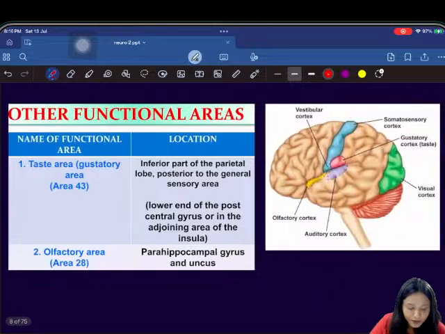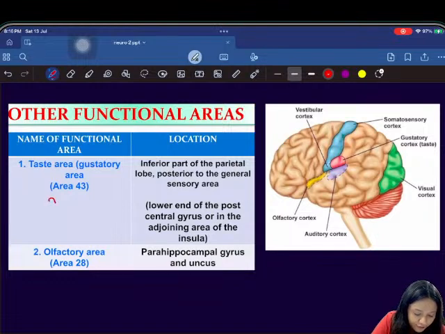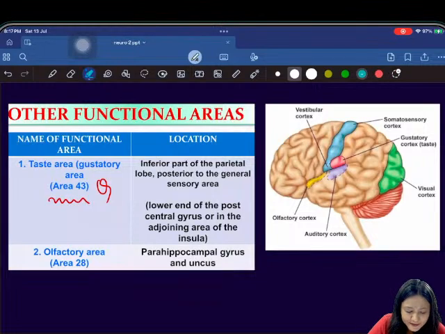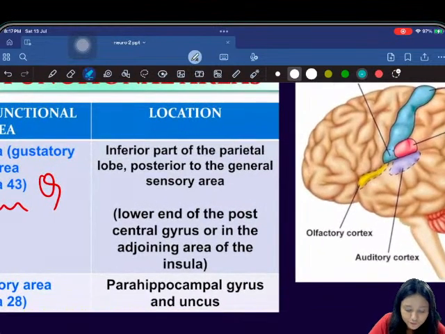Now, another important functional area is the taste area, that is the gustatory area, area number 43. Asked in the FMGE exam, a repeated question: area number 43, gustatory area, and this area is present in the inferior part of the parietal lobule, posterior to the general sensory area and at the lower end of the postcentral gyrus or in the adjoining area of the insula.